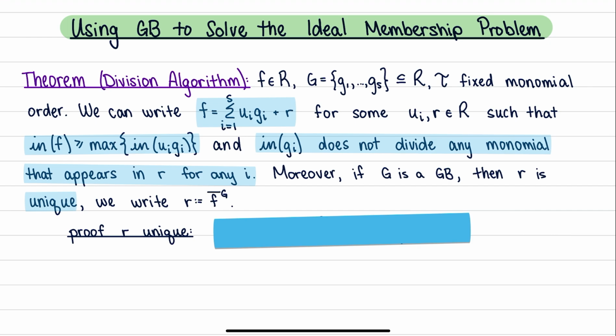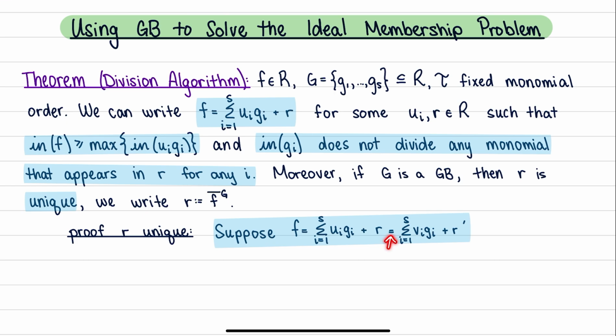So we are going to start with two different ways of writing f satisfying this division algorithm. And since these are both f, they're equal, so I can take this r prime and subtract it to this side, and then take this sum and subtract it over to this side, and I'm able to write r minus r prime is equal to the sum from 1 to s of (v_i minus u_i) times g_i.